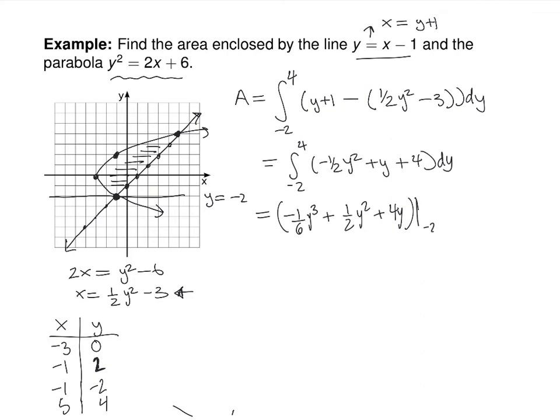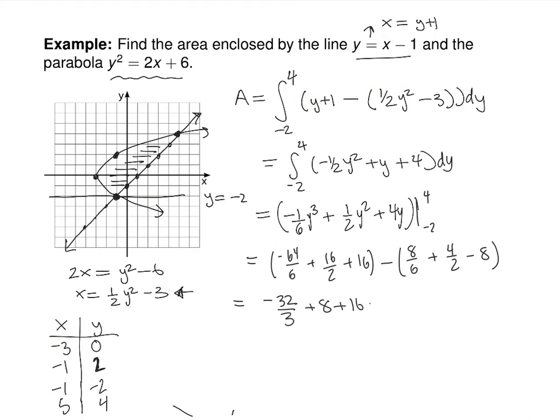Evaluated from -2 to 4, which will give us -64/6 plus 16/2 plus 16 minus 8/6 plus 4/2 minus 8. So that's -32/3 plus 8 plus 16 minus 8/6 minus 2 plus 8.